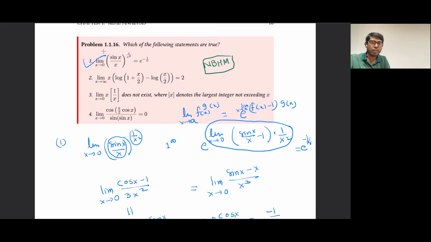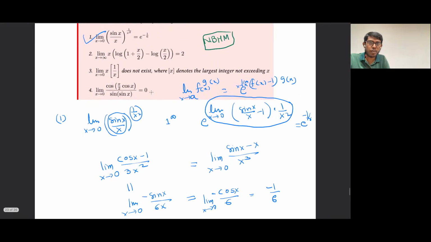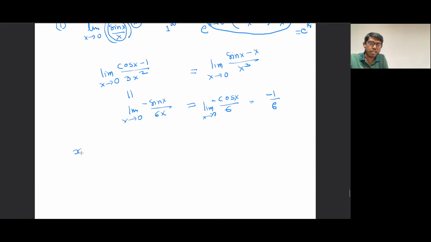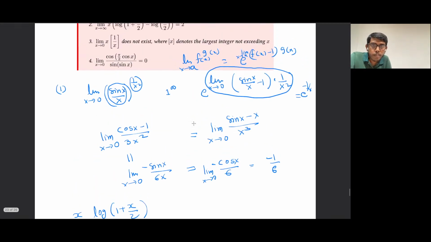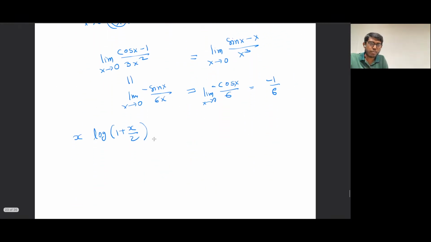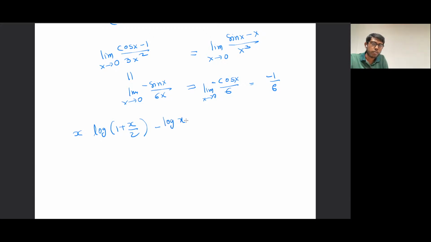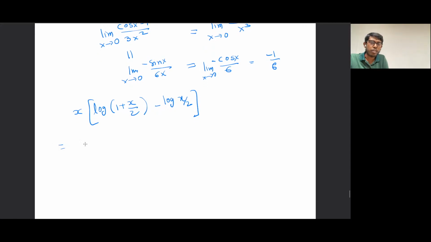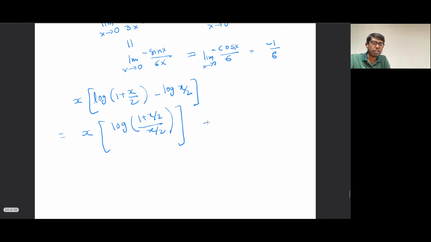The second one is also very easy. That's the standard that we have done till now. It's like x times (log(1 + x/2) minus log(x/2)). So this is x log of a minus b, so log of (1 + x)/(x/2). What is this?